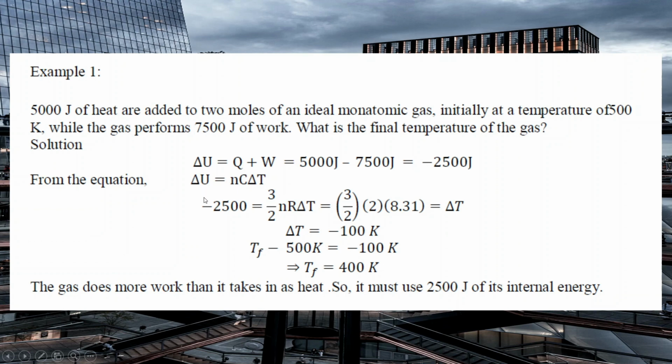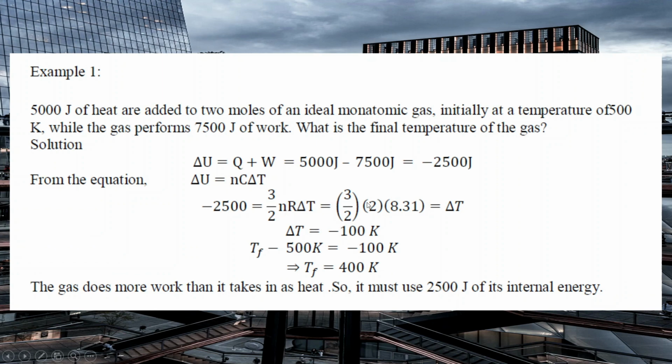And the internal energy change is equal to n times heat capacity multiplied by change in T. So we have got this minus 2,500, and now we apply this change in U value, and finally you get nR change in T, replacing the heat capacity value.